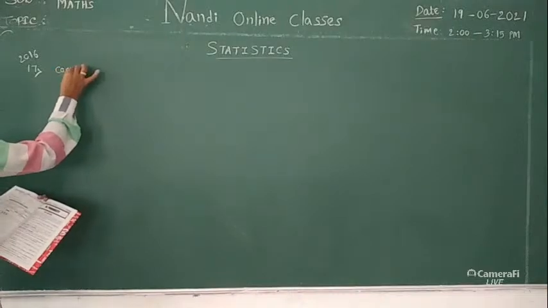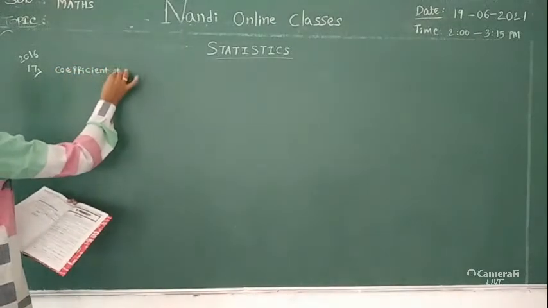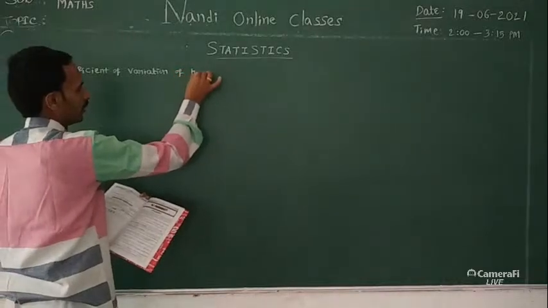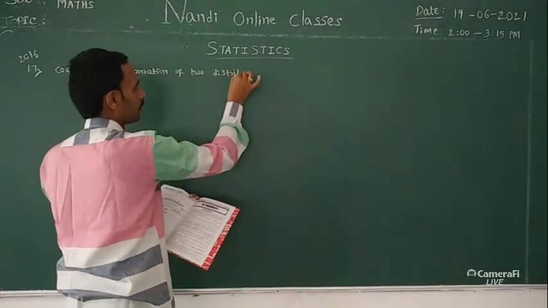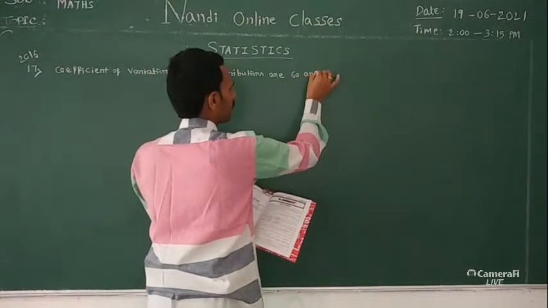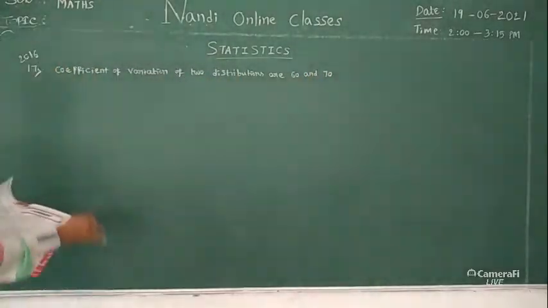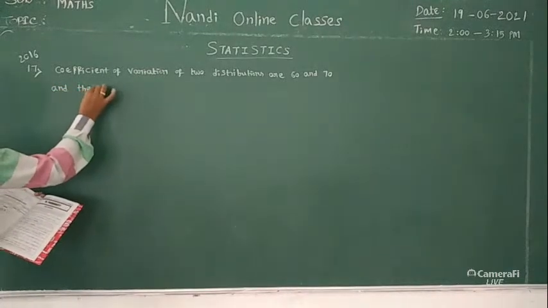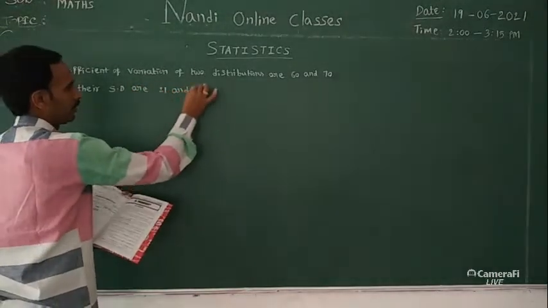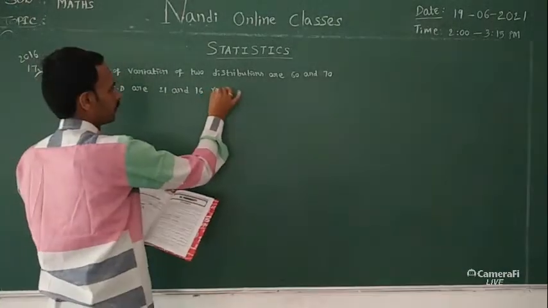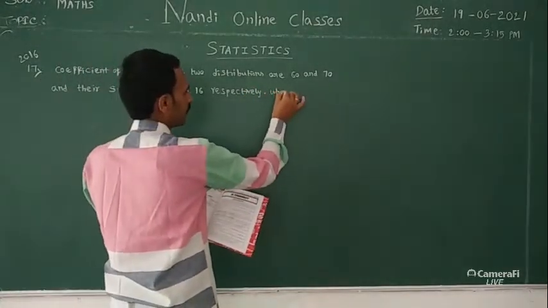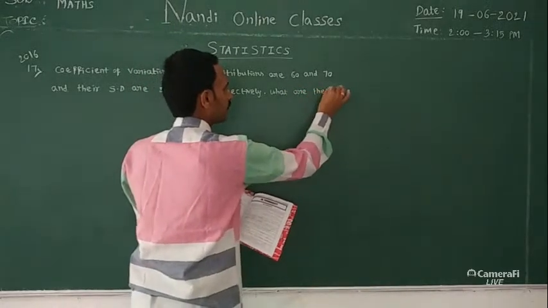Coefficient of variation of two distributions are 60 and 70 and their standard deviations are 21 and 16 respectively. What are their arithmetic means?